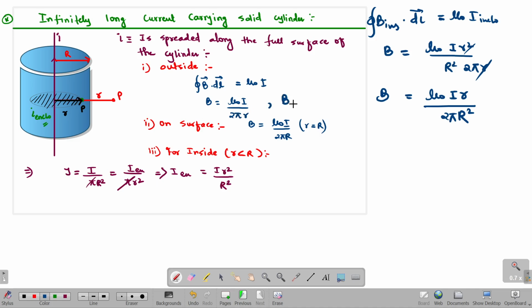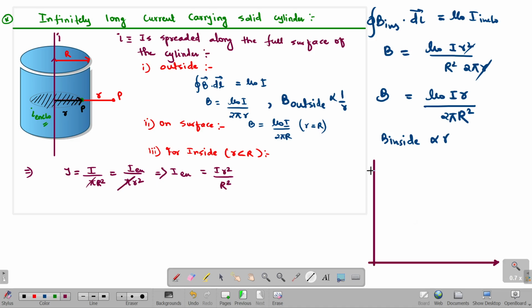So you can see here, magnetic field outside varies inversely proportional to 1 by r, but inside it is directly proportional to r. So when I draw the diagram, the diagram will be like this. First, it will increase linearly, and then it will decrease.